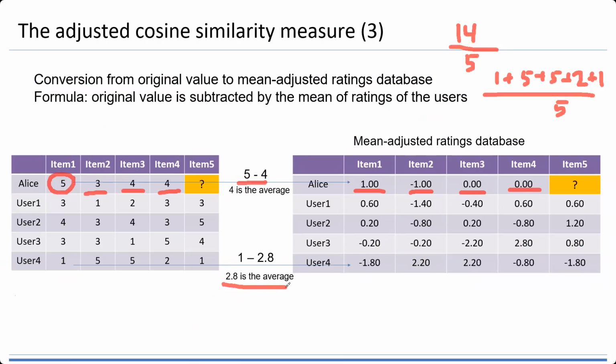Then I can adjust each of the values. 1 minus 2.8 will be minus 1.8. And 5 minus 2.8 will be 2.2.